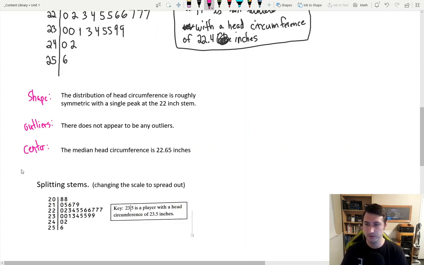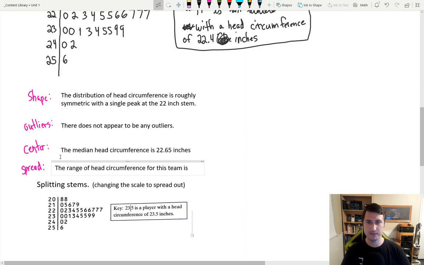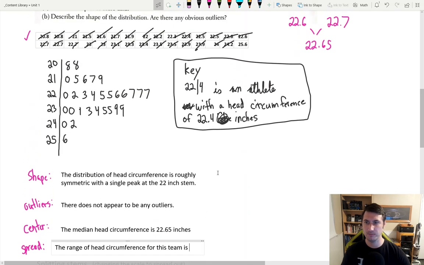And our last one, which is the spread. So right now, the main thing we do for spread or variability is the range is a good one. So the range of head circumference for this team is, so now we have to take the max and the min and subtract them. 20.8 is the lowest one, and 25.6 is the highest one.